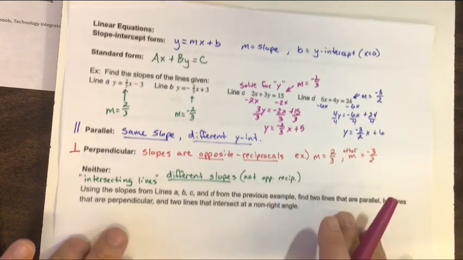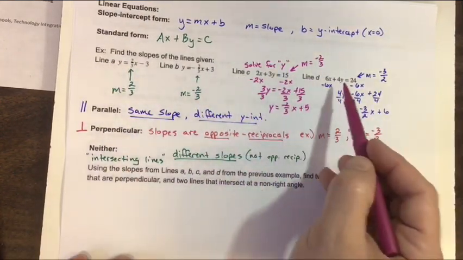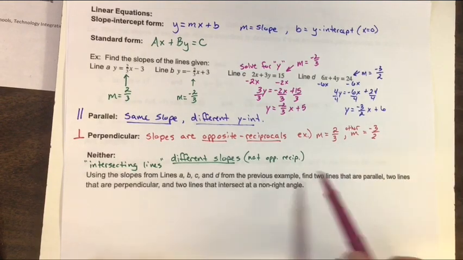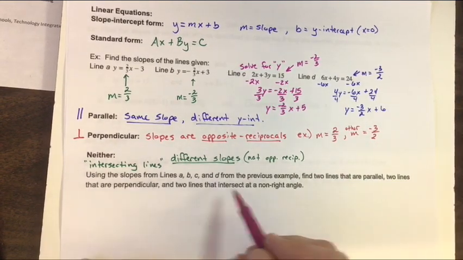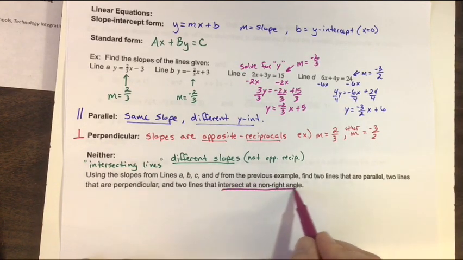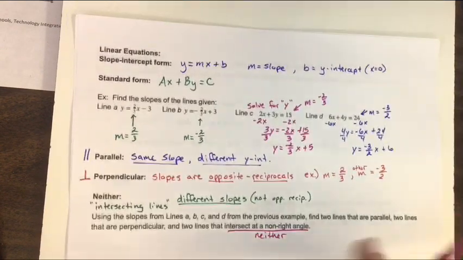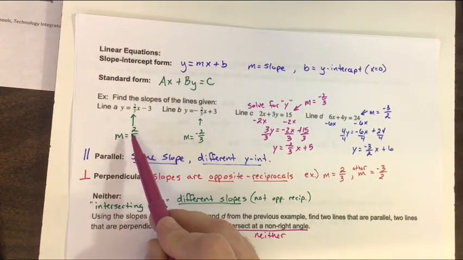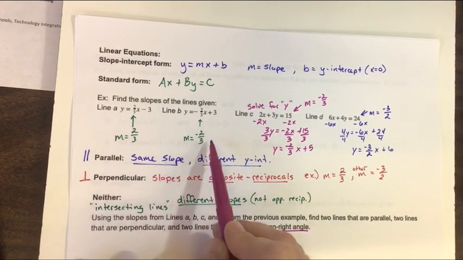So in our next example here, we're going to take a look. We're going to use the slopes from line A, B, C, and D from the previous example. And we are going to find two lines that are parallel, two lines that are perpendicular, and two lines that intersect at a non-right angle. That's my neither option. All right, so in these first two, we have a slope of 2/3 and a slope of negative 2/3. Those aren't the same.